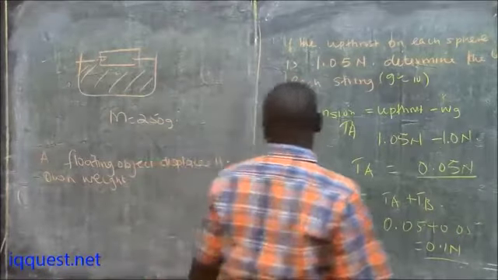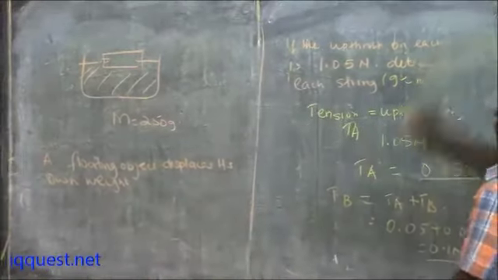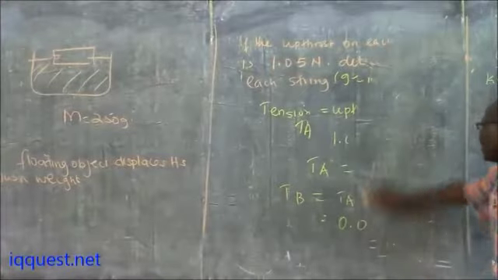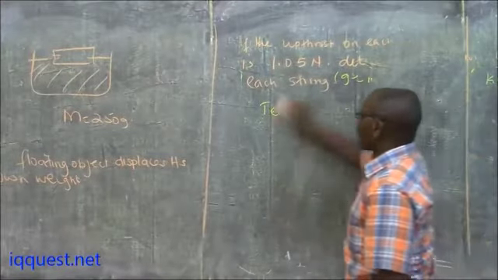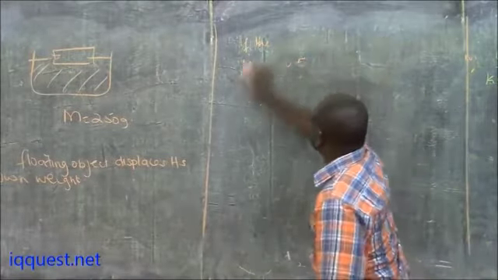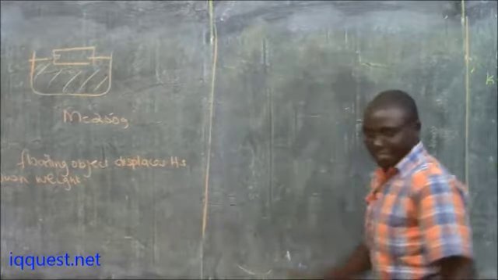That should be the guiding principle, because the glass block is floating in mercury. Therefore, a floating object displaces its own weight.